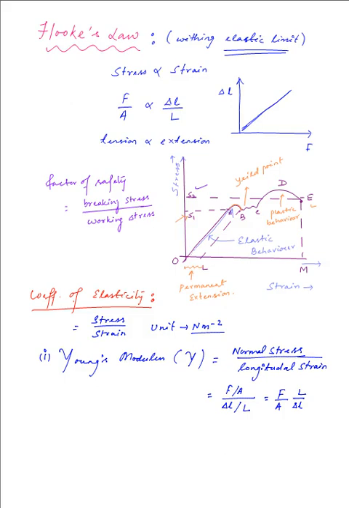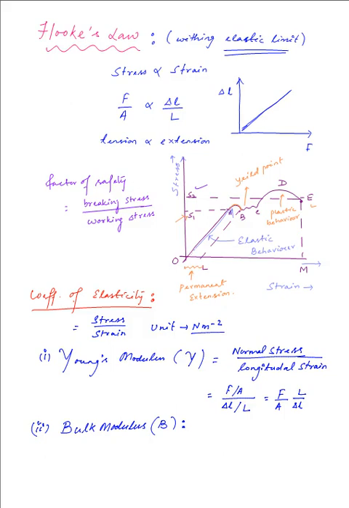Now the second one is the bulk modulus, where the bulk modulus is, as the name suggests, for the entire volume, the bulk of the object. The symbols may vary. Somewhere it is beta, and for Young's modulus somewhere you can observe the symbol to be gamma, but for convenience we have taken Y and B over here.